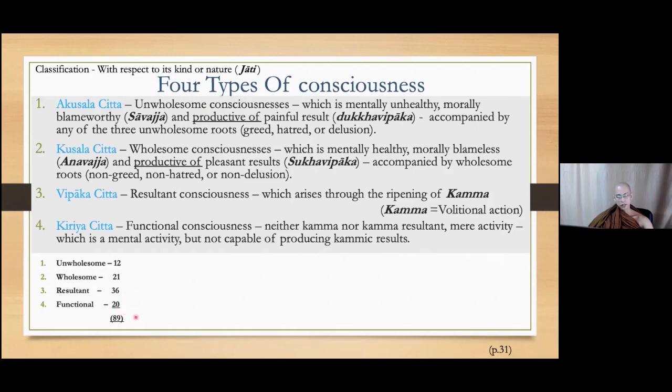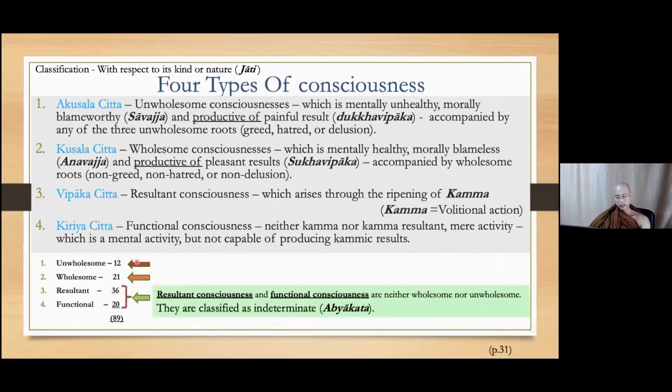In this way, the 89 consciousness is divided into four groups. The 12 unwholesome consciousness is unwholesome karma. And the wholesome 21, we can say is wholesome karma, but not all can produce a plane of existence. The four magga chitta just produce the fruition consciousness, the phala chitta. But anyway, we will understand that later.